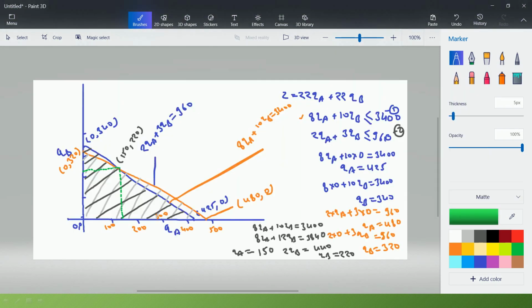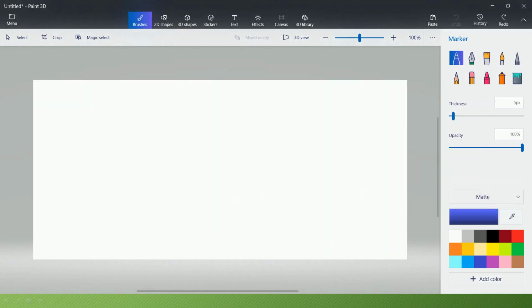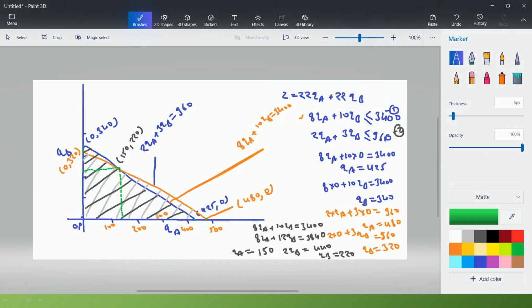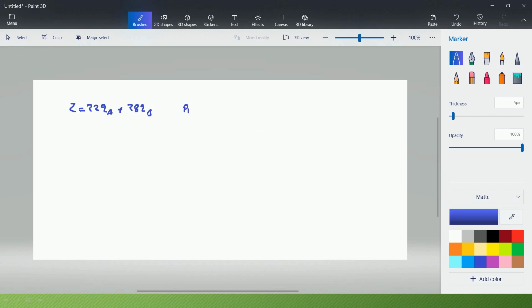So here we have these 3 points. The objective function was 22QA plus 28QB, and from here we can see we have 3 corner points: 0, 320; 150, 220; and 425, 0. P1 is 0, 320.